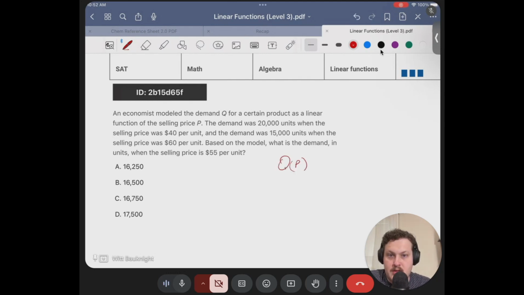Demand was 20,000 units when the selling price was 40, and the demand was 15,000 when the selling price was 60.